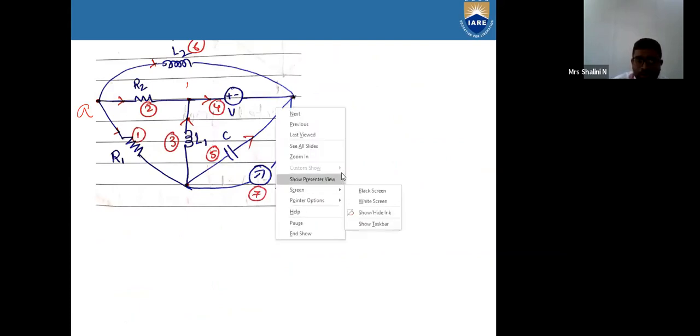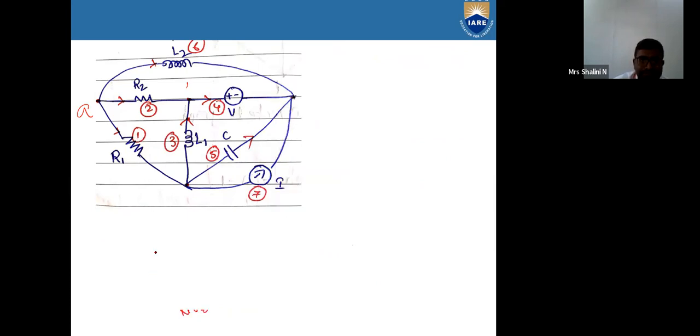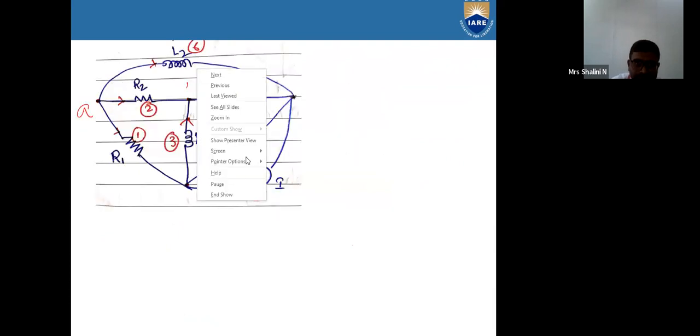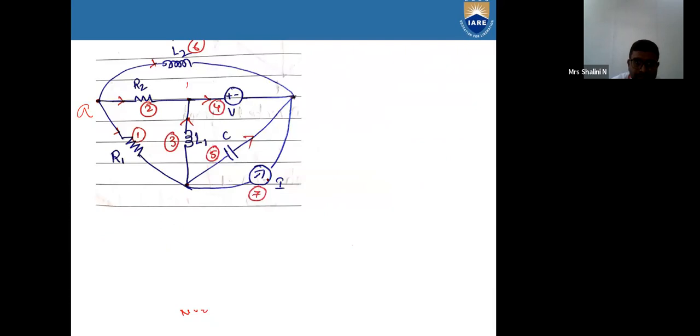BC is one node pair. AB, AC, AD, BC, BD, CD are the node pairs. So how many node pairs will be there? 6 node pairs will be there.